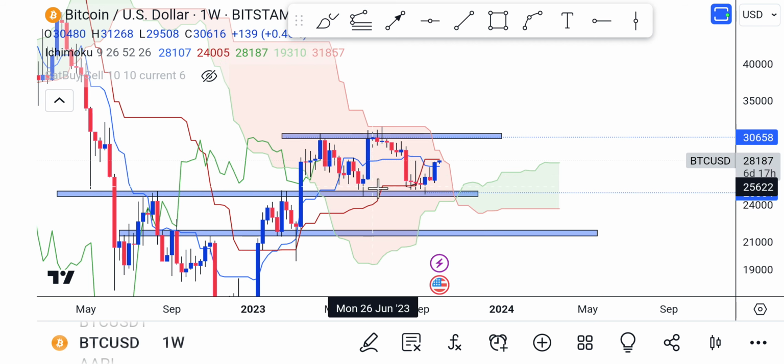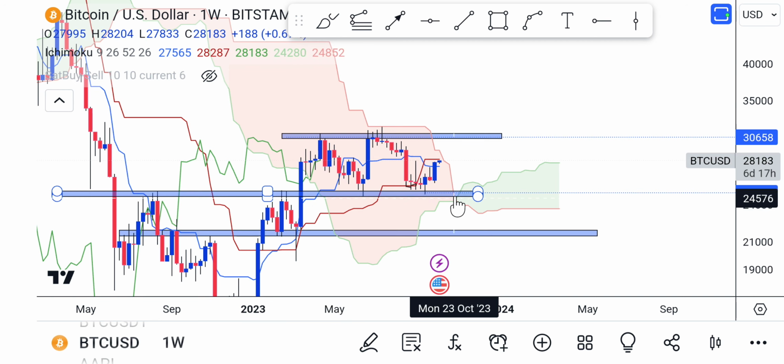Okay, and we had another one, a TK bearish cross, but again it is still a weak bearish crossing. Okay, and we're still looking at these levels. So that's why I said it is very important you focus more on levels.